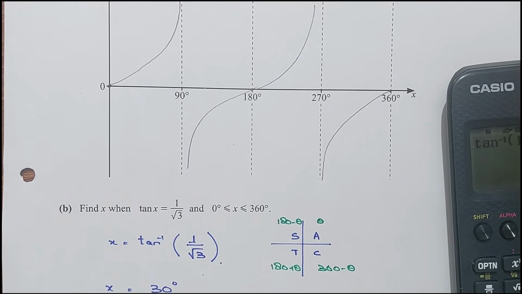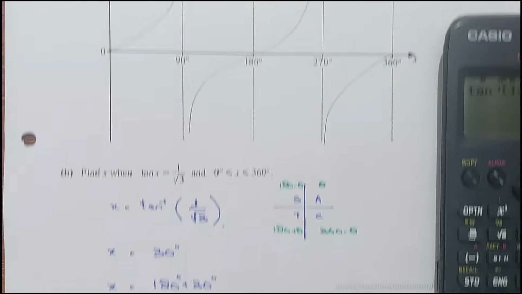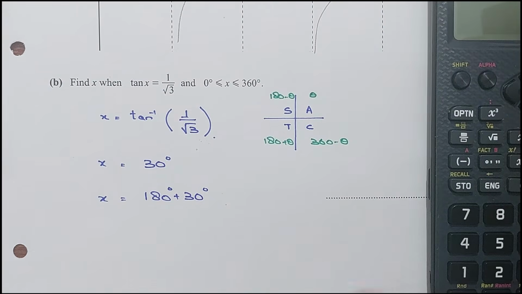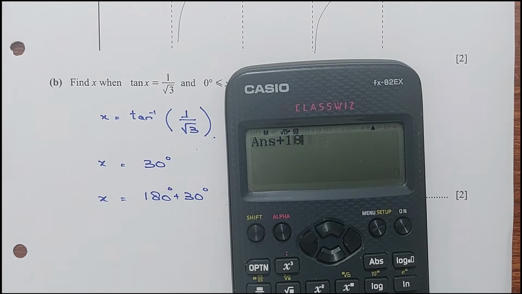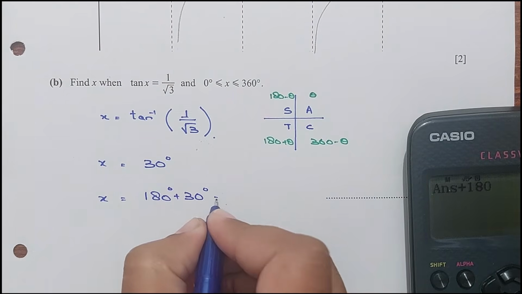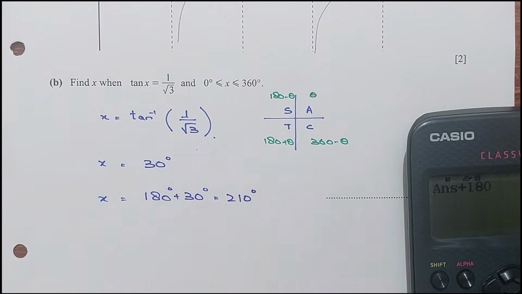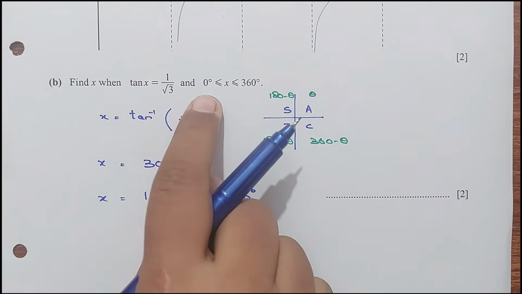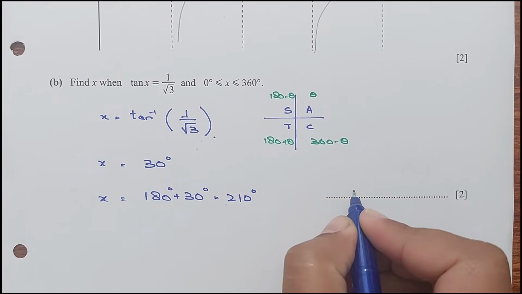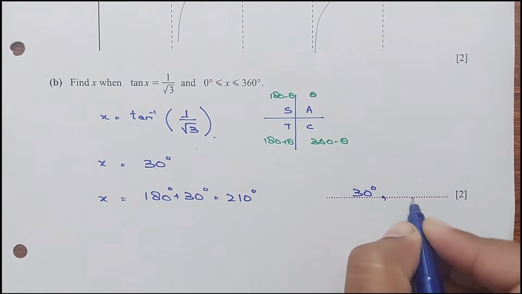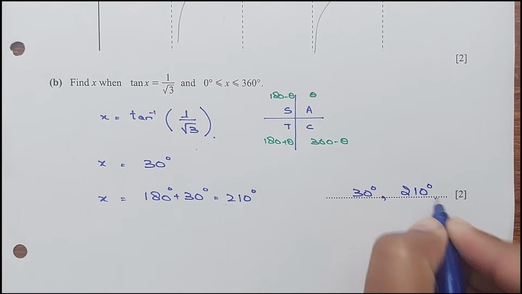So with 180 plus theta, we get the next x value: 180 degrees plus 30 degrees is 210 degrees. These two values belong to the range between 0 and 360. So x is 30 degrees and 210 degrees.